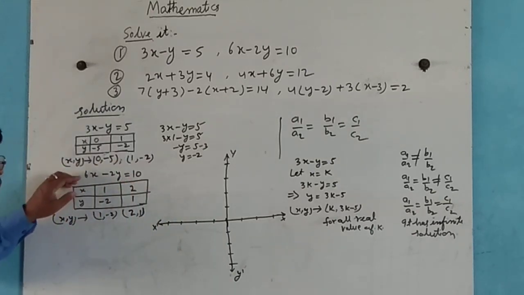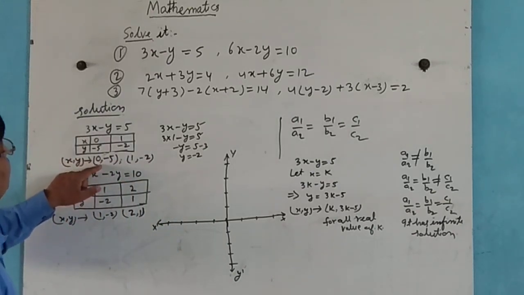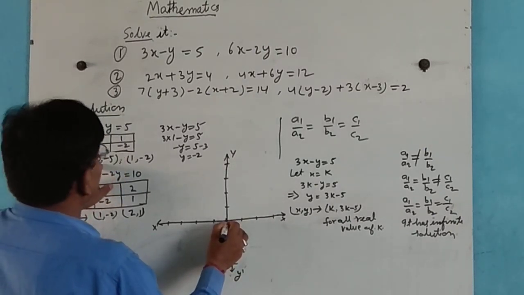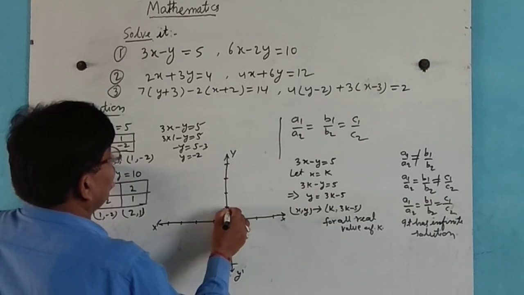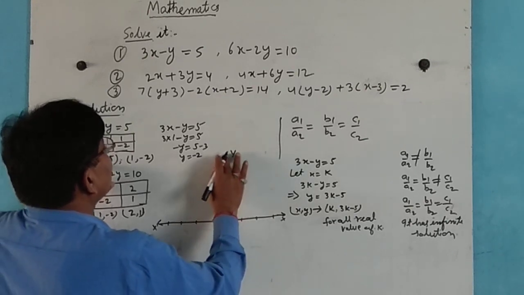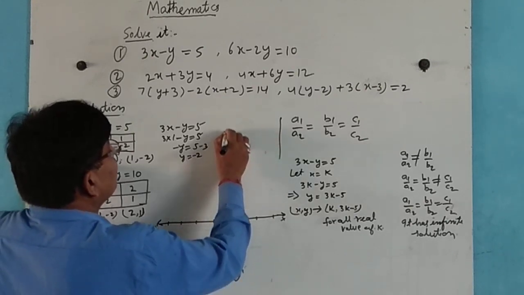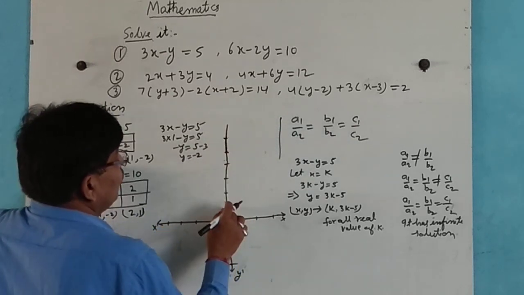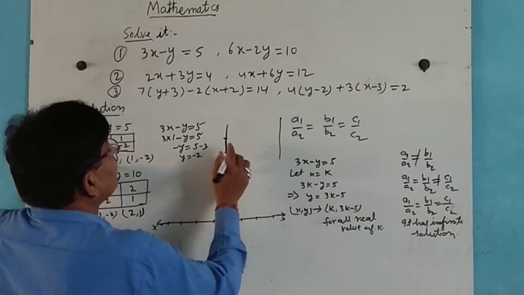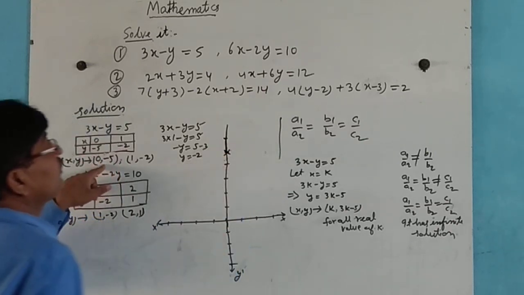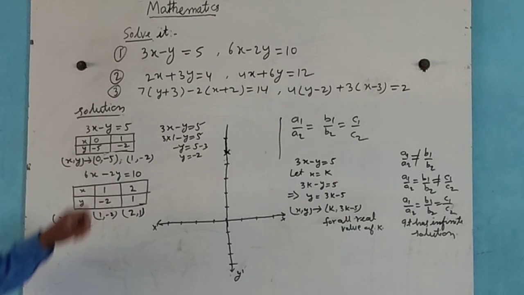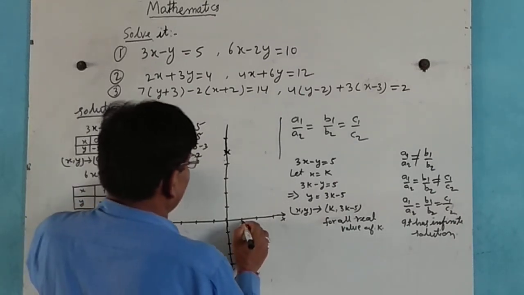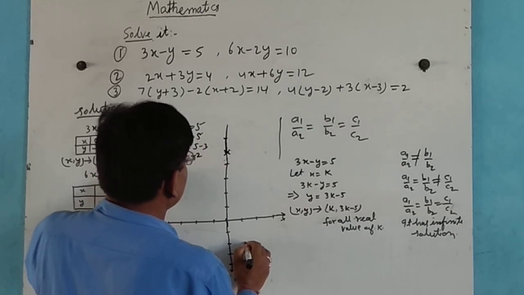Now we put the point 0, 5: the x coordinate 0 and y 5. 1, 2, 3, 4, 5. This point. Then 1, minus 2, this point.